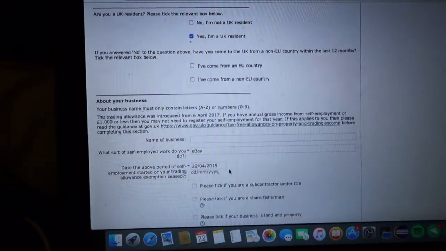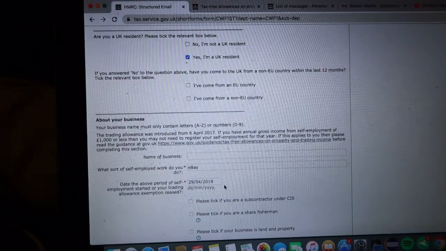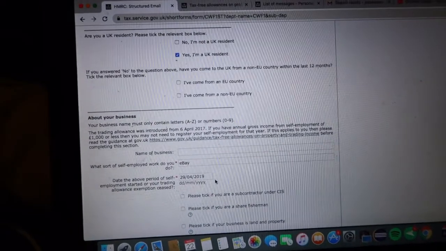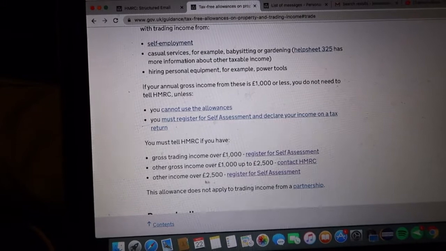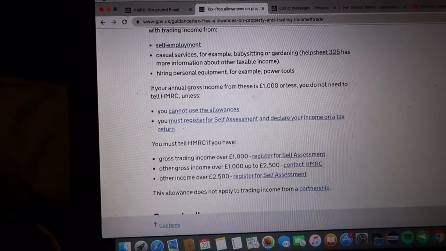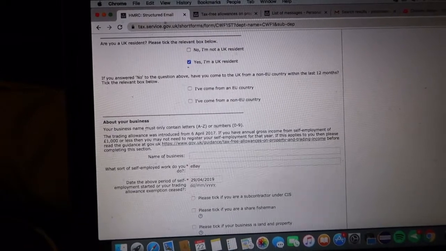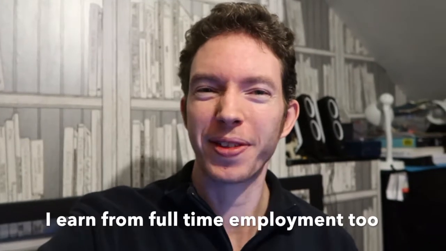Now if we're going to go by that, that was yesterday, because that's when I officially went over £1,000 in turnover. But if you look on the tax allowances page, you have to register if your other income is over £2,500. So I don't really know. I went for the April date to be on the safe side. I guess it doesn't make too much difference, it's all in the same tax year, but yeah.